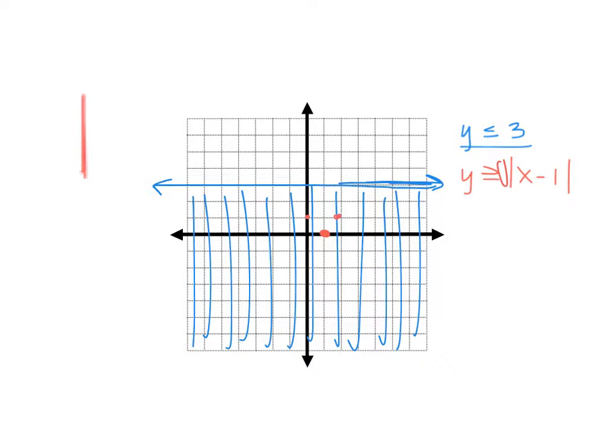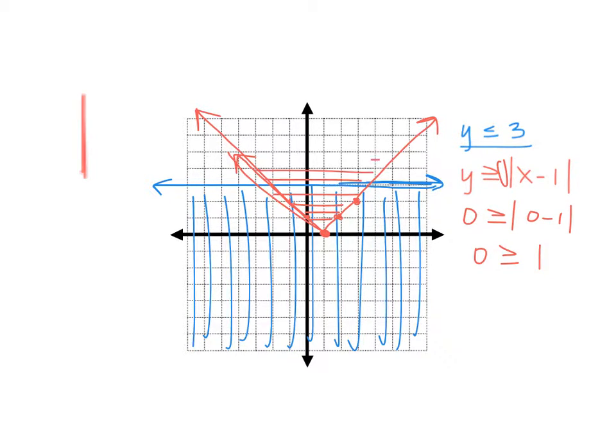So we are doing up 1 over 1, up 1 over 1, solid line. Technically, you should keep going through there. Sorry, that's hideous. So if you plug in 0, 0, 0 is greater than or equal to the absolute value of negative 1. So 0 is greater than or equal to 1. Is that true? No. So 0, 0 is not part of this, which means we're shading this way.